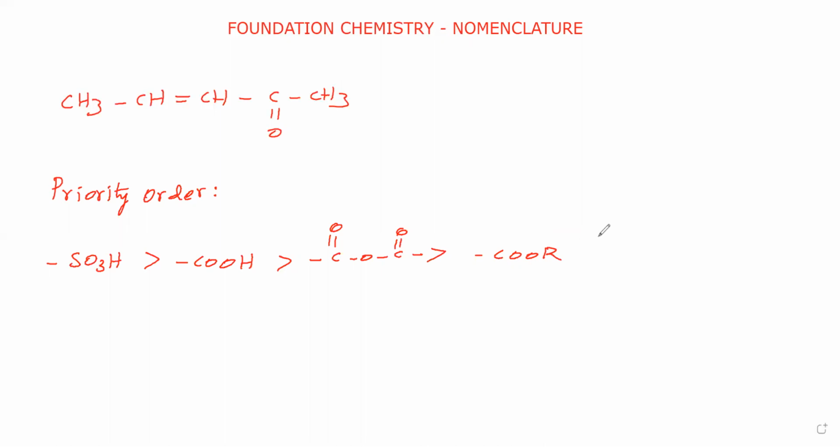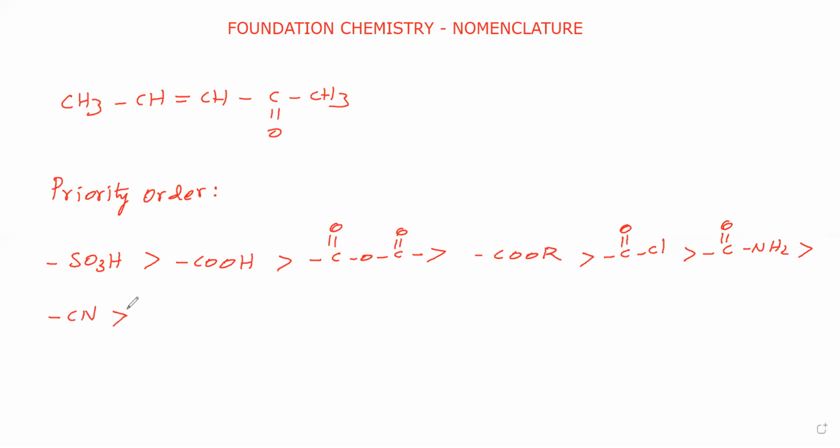Next, acid chloride. This functional group is acid chloride. Next functional group, acid amide. Next functional group, cyanide, CN.